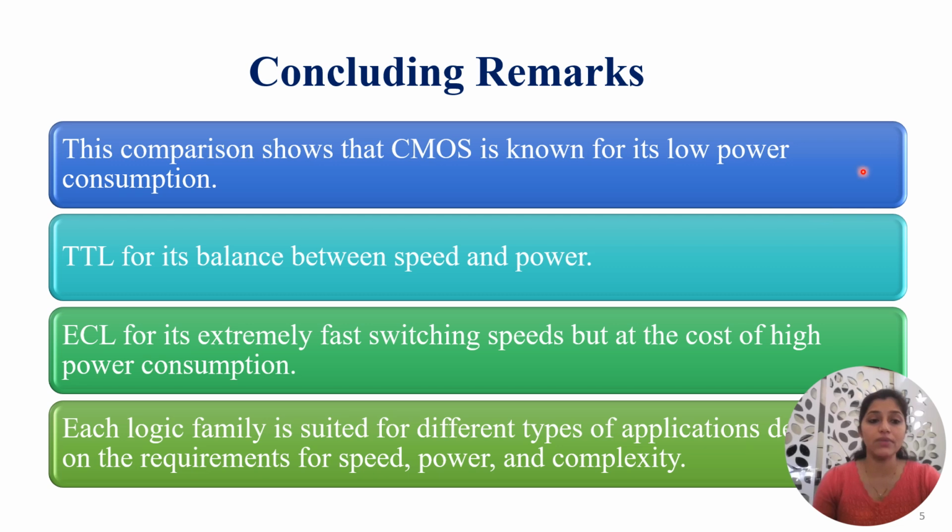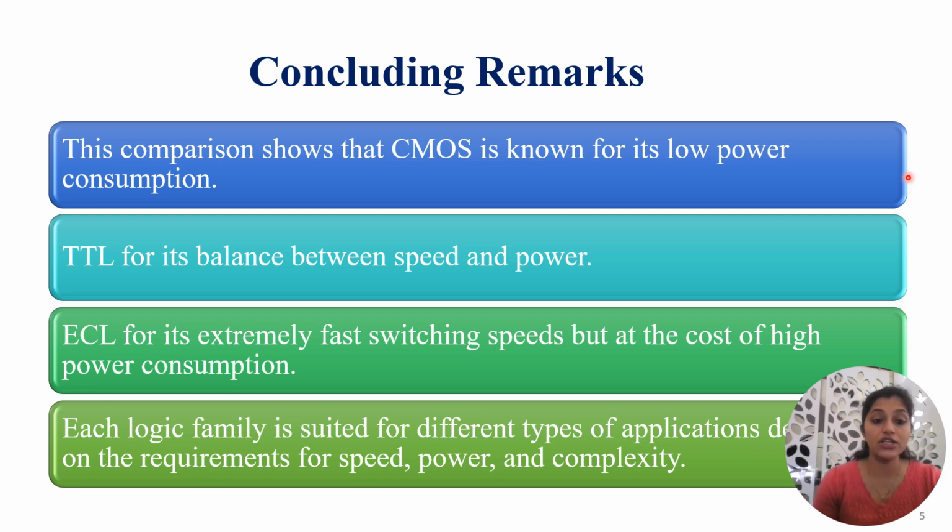So concluding remarks are, this comparison shows that CMOS is known for its low power consumption. Another advantage of CMOS is scaling. Scaling is possible means we can come down from 180 to 90, 90 to 65, 65 to 7, any nanometer node.